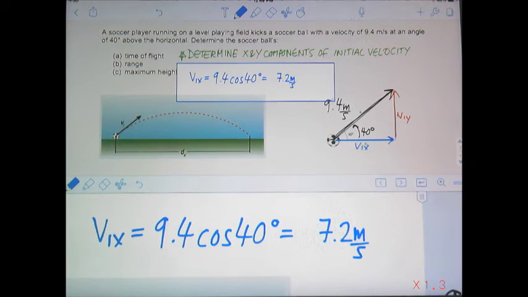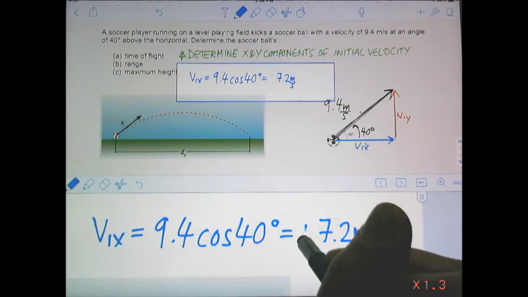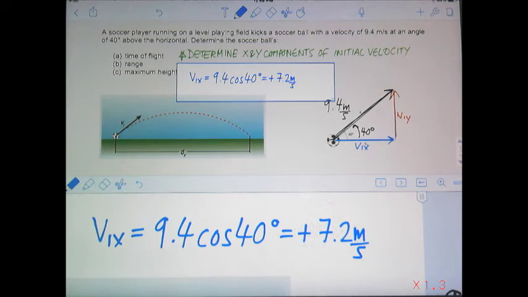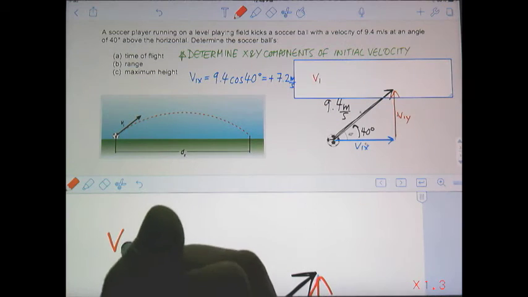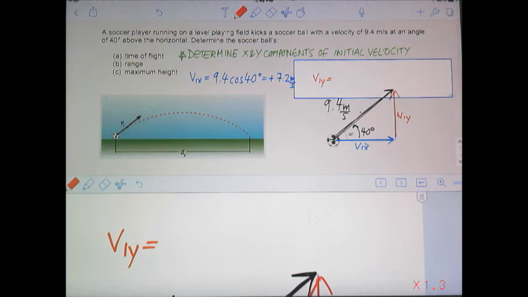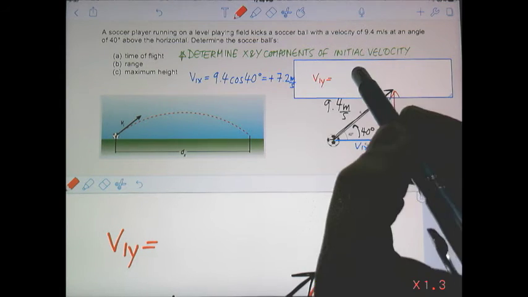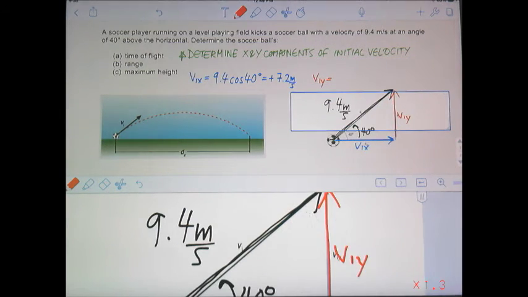The direction of this x component is to the right, so we put a plus sign. Let's find the y component. The initial y component of this object's velocity is not 0 as it was in type 1. It now has some initial upward velocity. The y component represents the opposite to the angle and the hypotenuse.